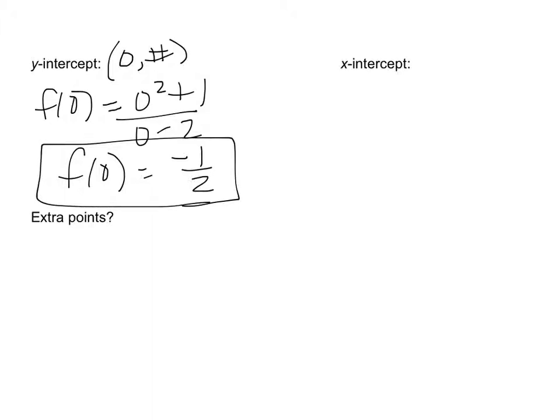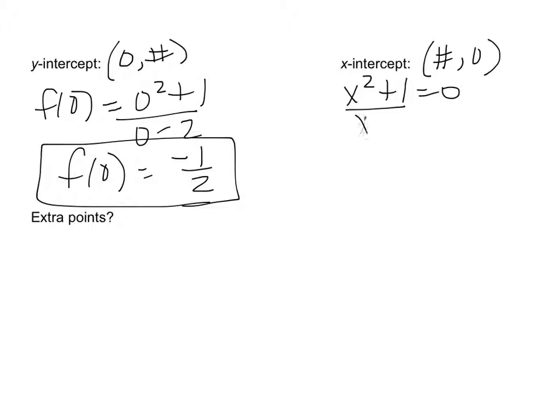My x-intercept, remember we're going to set the numerator equal to 0. When you set your function equal to 0, the denominator cancels out. So I really end up with x squared plus 1 equals 0.